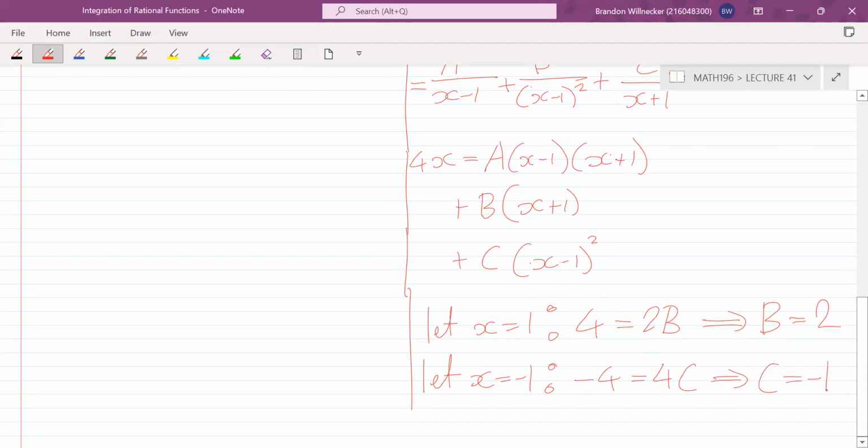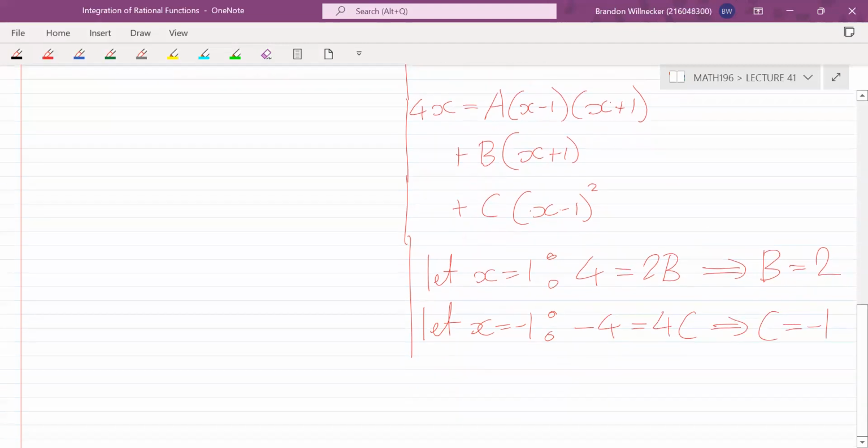Okay, so now we just need to solve for the a term. If we let x be 0, then we're going to have 0 is equal to minus a, then plus b, and plus c. Okay, so that's just letting x be 0.